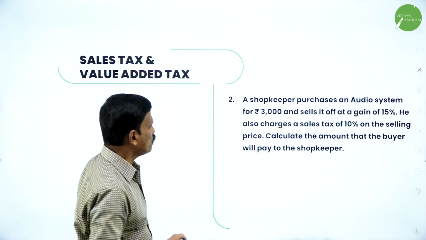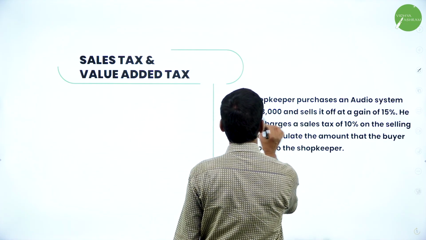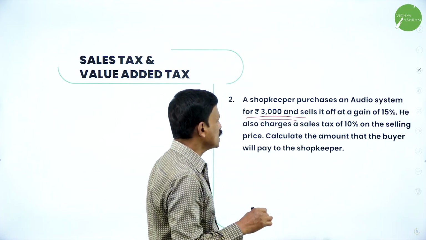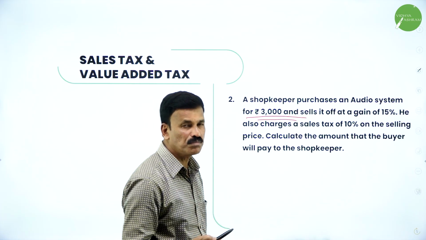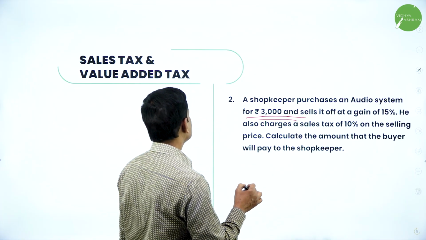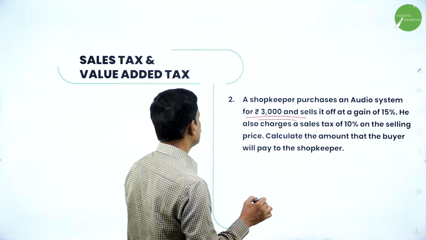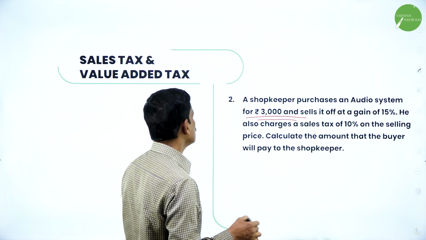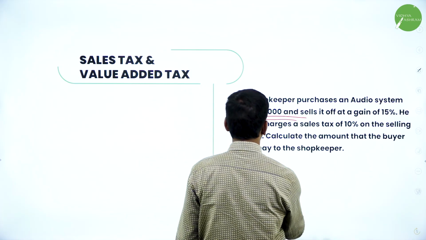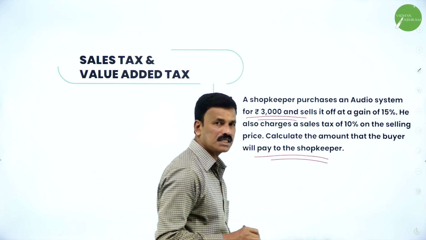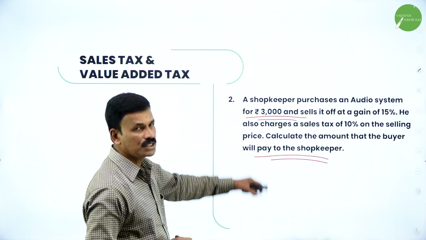Now, a shopkeeper purchases an audio system for rupees 3,000 and sells it off at a gain of 15%. He also charges a sales tax of 10% on the selling price. Calculate the amount that the buyer will pay to the shopkeeper. This is also an important problem. What is the condition given?